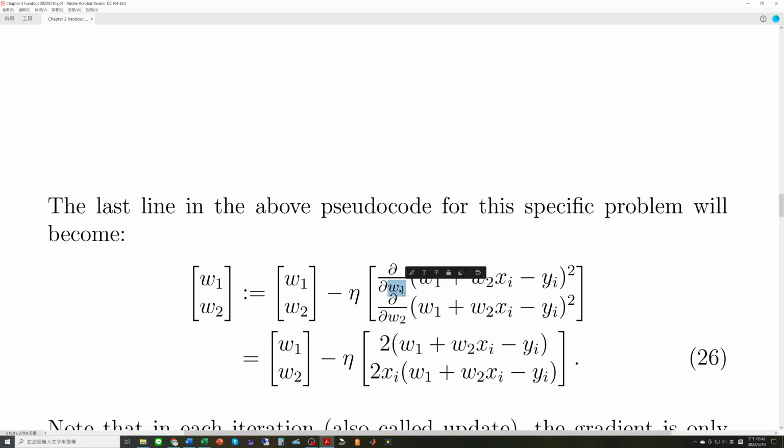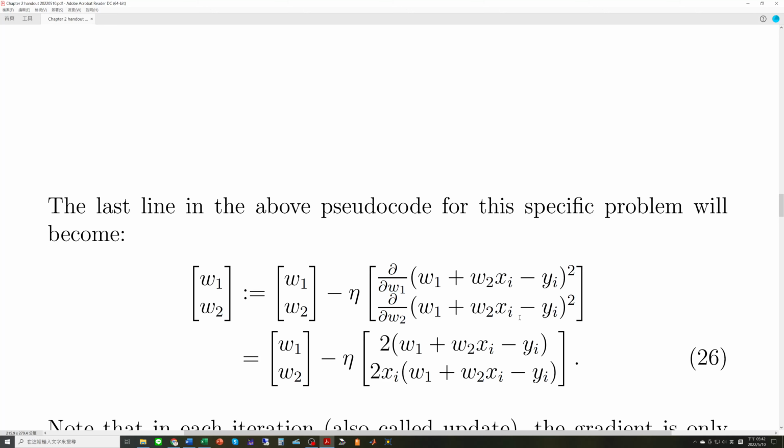According to the technique of partial derivatives, w2xi and yi are treated as constants. So finally, the partial derivative of w1 with respect to w1 is equal to 1.